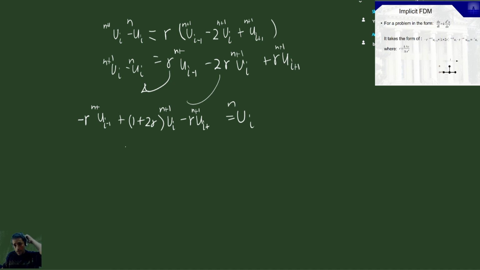Okay. And so here what we have is a matrix, if we express it in terms of a matrix, which is, for the first term, we're still looking at 1.